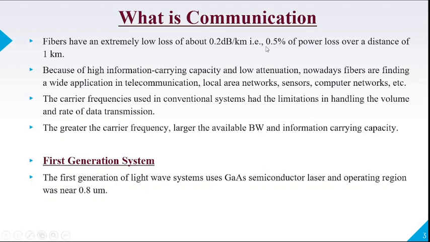This loss is very less as compared to other conventional communication systems. Because of high information carrying capacity and low attenuation, nowadays fibers are finding wide application in telecommunication, local area networks, sensors, computer networks, etc.